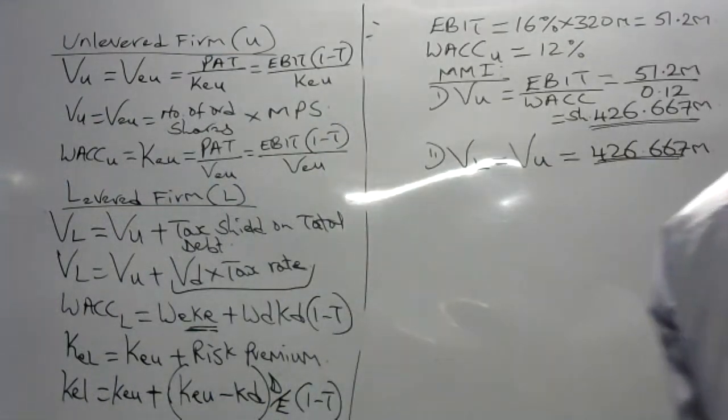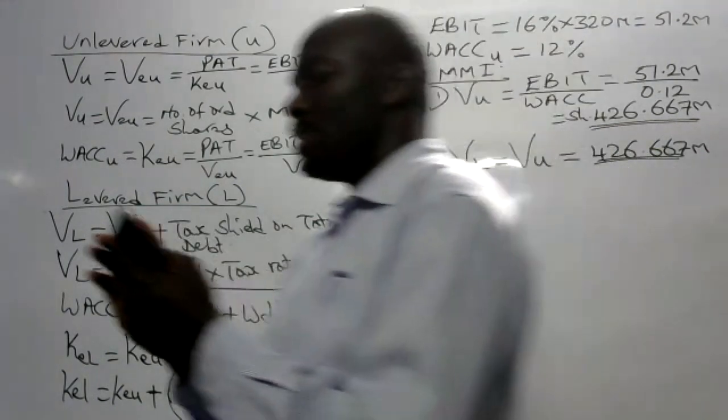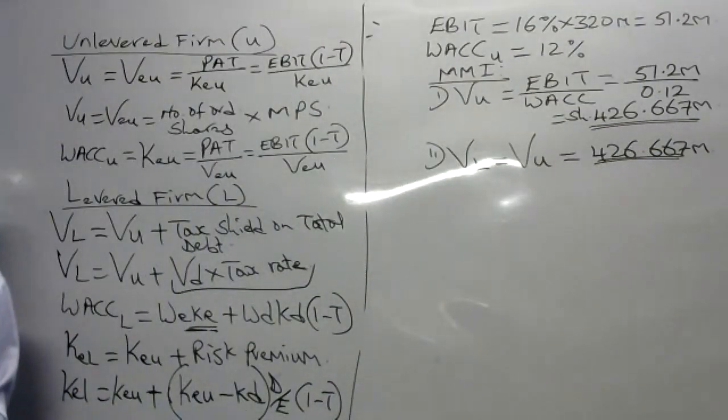Then the last 3 marks: the weighted average cost of capital of a levered firm at a debt level of 7%, 10 million shillings. So in a way, the examiner is simply telling us to confirm that the WACC will still remain 12% even if you bring in debt.